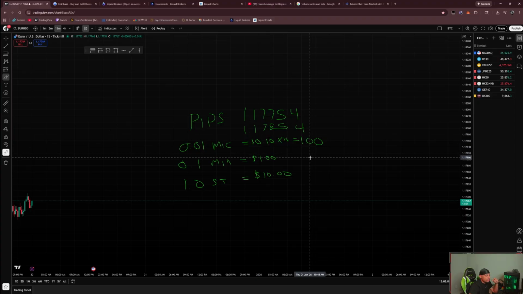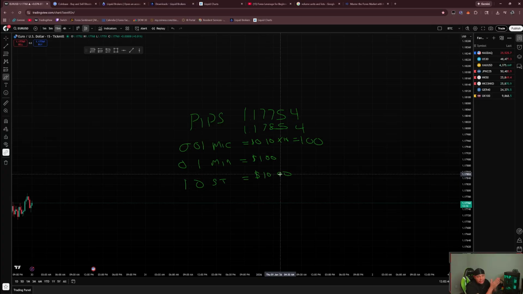So 17 pips times 10 cents, that would be $1.70 in profit. If we're doing $1 per pip, that would be $17 profit. And if we're doing the mini lot size and it's $1 per pip, that means if we go 17 pips, it'd be $17 profit. And here it'd be $170 profit because it's $10 per pip.